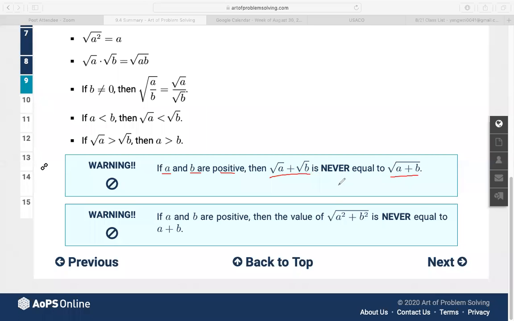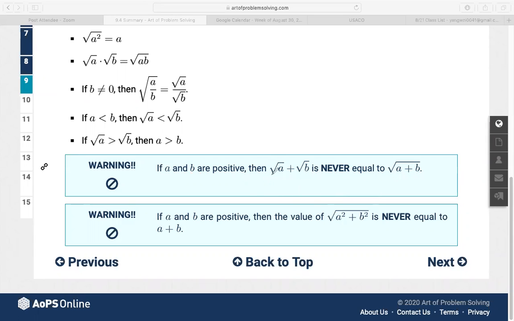The only time this equals this is when a equals 0 or b equals 0. Otherwise, these two will never be equal.